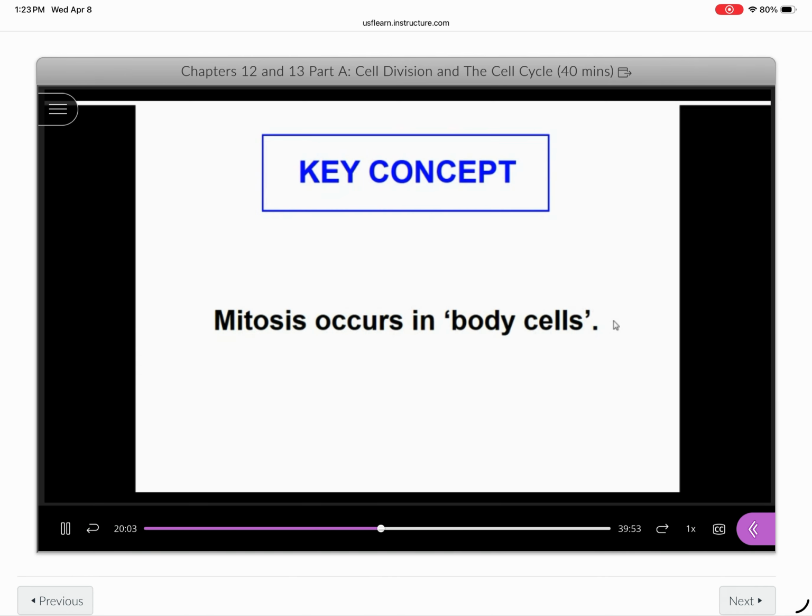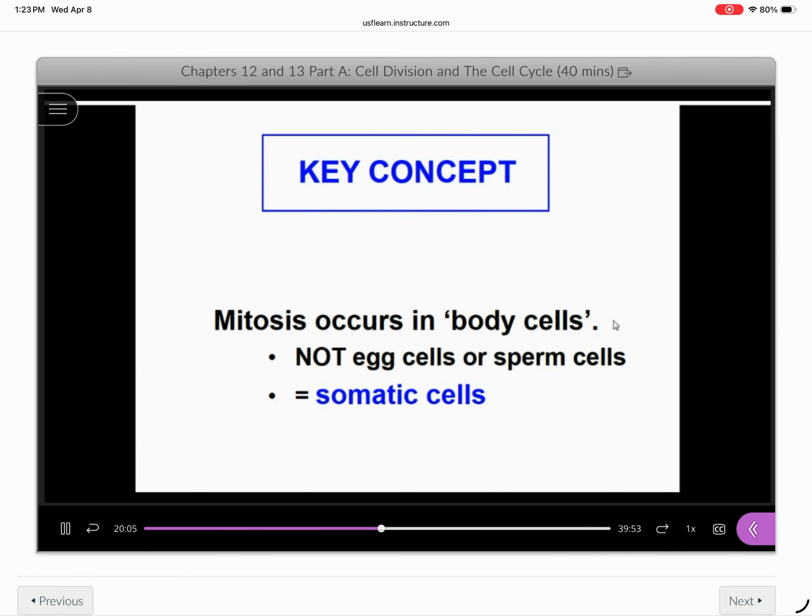Cells of the body are called somatic cells. So the cells in your hand are all somatic cells. The cells in your nose, all somatic cells. The cells in your brain, all somatic cells. What is not a somatic cell? All right, the sex cells.